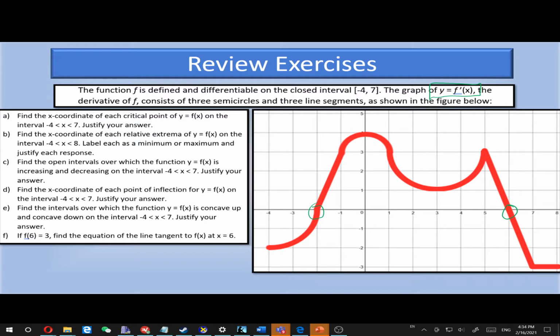Find the x-coordinate of every relative extrema, label each as a minimum or maximum, and then justify your response. When x is less than -2, f prime x is negative, and when x is greater than -2 but less than +6, f prime x is positive.